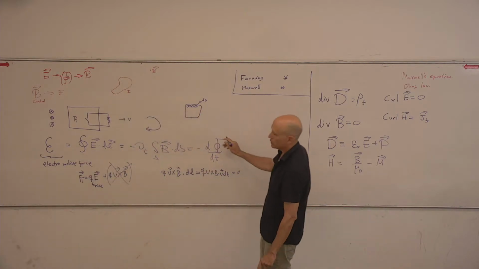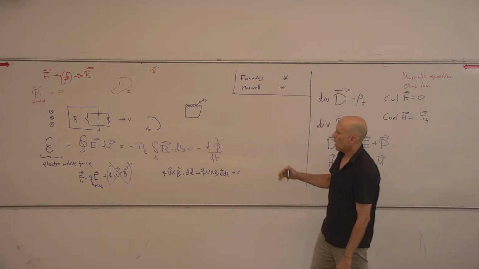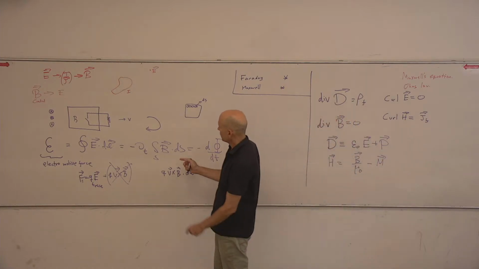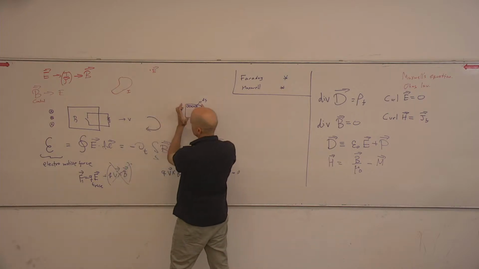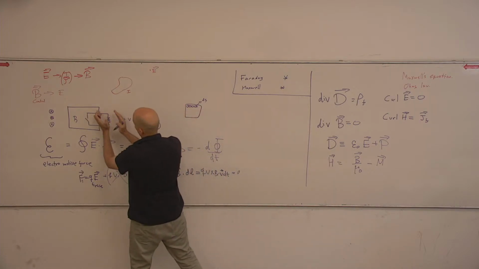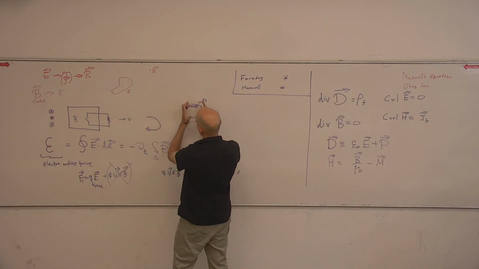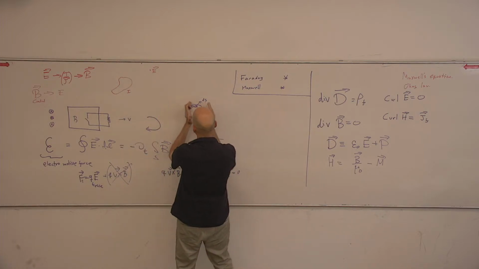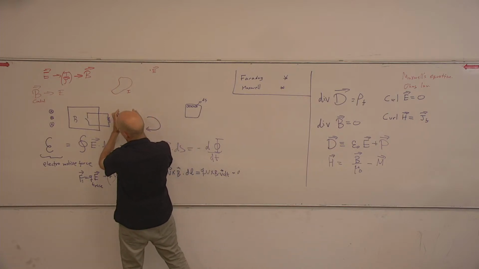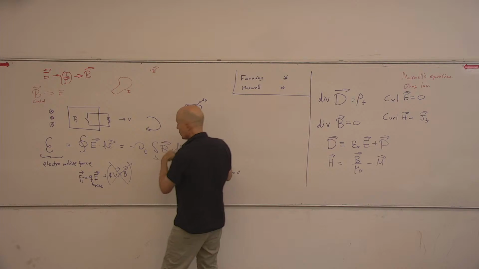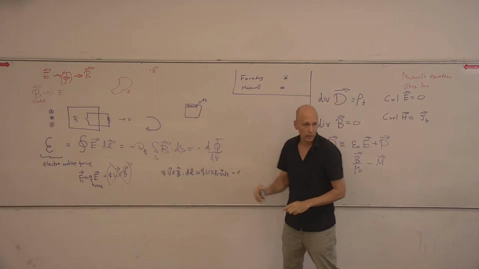How can it change in time? It can change by changing the magnetic field, or by making the surface smaller. If I move the surface here, now in this part there's no magnetic field, so I reduce the flux. This, I think, is very clear.